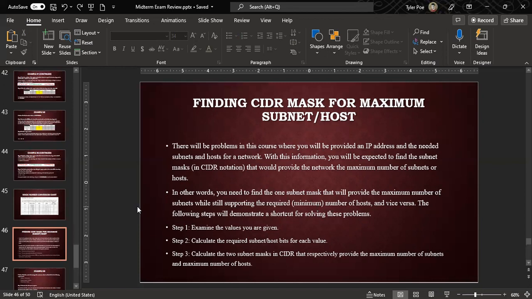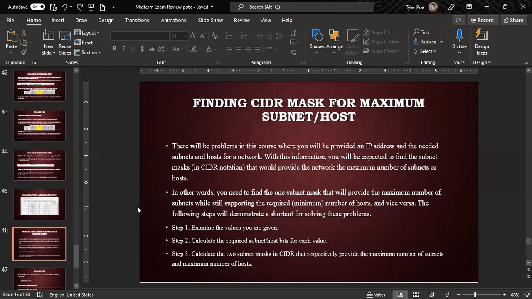So in other words, if you're asked to find the maximum number of subnets, that basically means you want to minimize how many host bits are in your subnet mask. Therefore, you want to find the mask that will best support that without wasting too many precious bits for subnets. So you're basically trying to find the smallest mask that supports the number of required hosts while leaving enough space to maximize subnet bits. I hope that makes sense, but that's basically the goal of these questions.